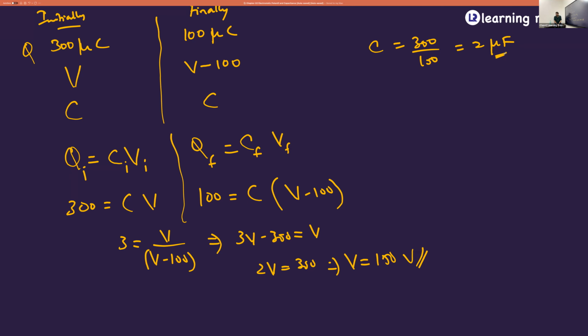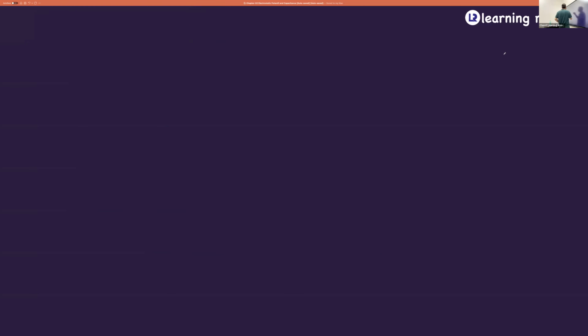D of K plus 2 by 3. I have to check that. So is that the answer others also got? So basically you will have C dash is equal to epsilon naught A divided by D minus T. D minus T is how much? 2D by 3.